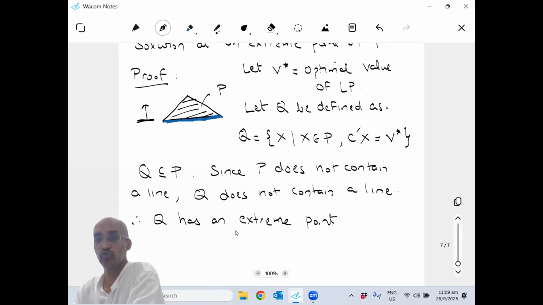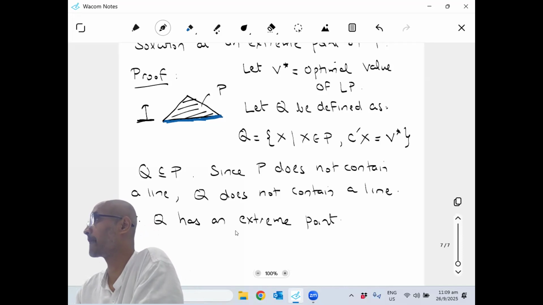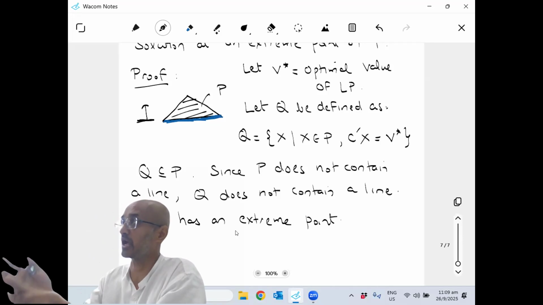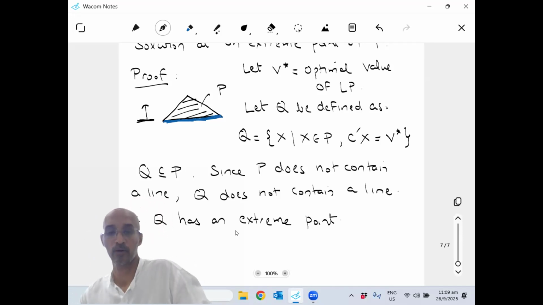In this example, these are the two extreme points for Q. The larger set does not have a line going through it, so the smaller set also has to have an extreme point. Fine.